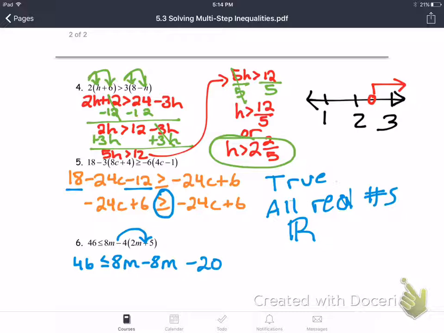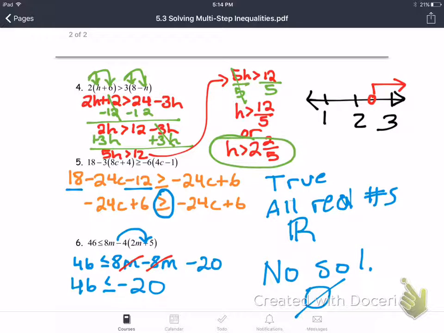Then on the right side, 8m minus 8m cancels out, and so we're left with 46 is less than or equal to negative 20. Now, is 46 less than or equal to negative 20? It's neither, therefore this is no solution, or the symbol for no solution.